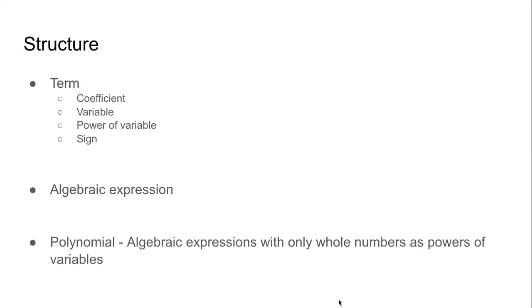For example, if we have an algebraic expression x square minus 3x plus 4. If you have another algebraic expression which has minus x square plus 3 into x to the power 1 by 2 minus 4.